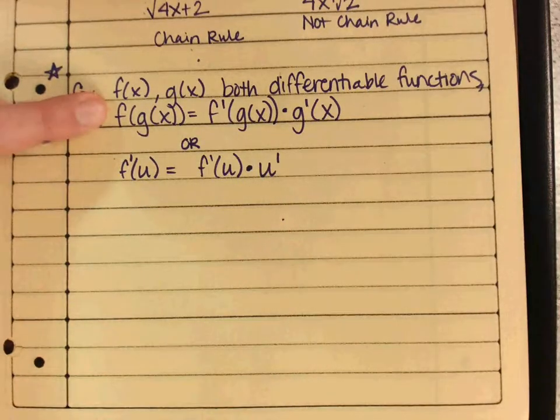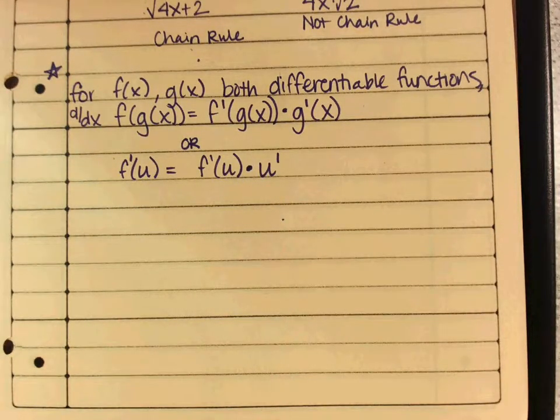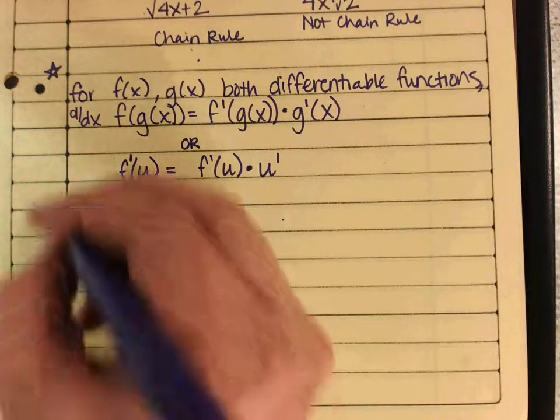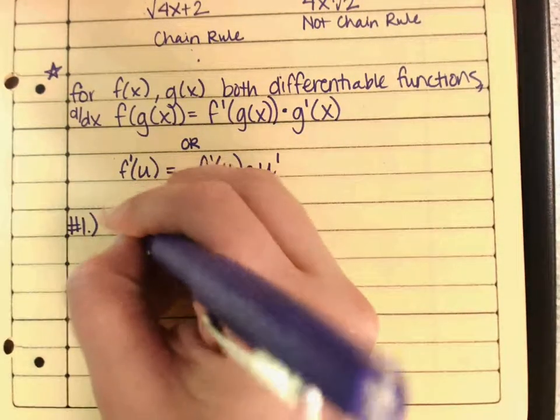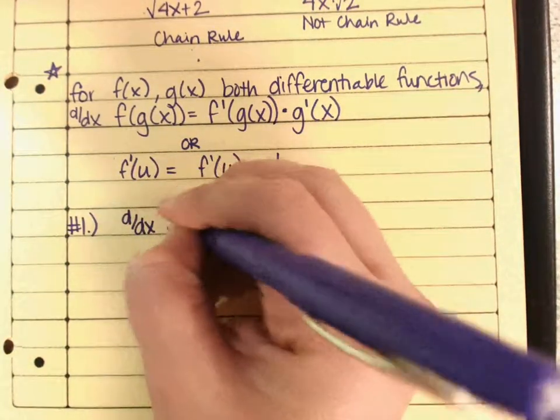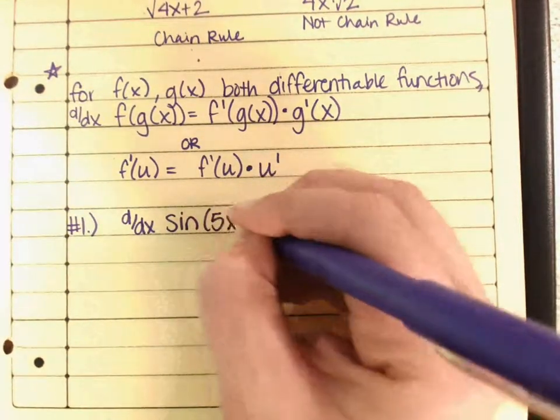This one is fine, but it's just a lot more parentheses and x's all over the place. So I'm going to start you off with a couple of easy ones, and we're going to advance to harder problems. For the first one, I want you to take the derivative of sine of 5x plus 2.